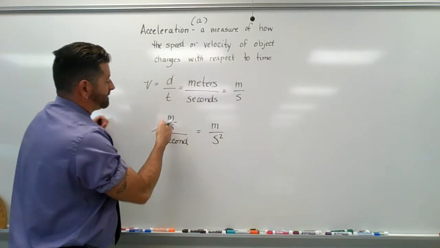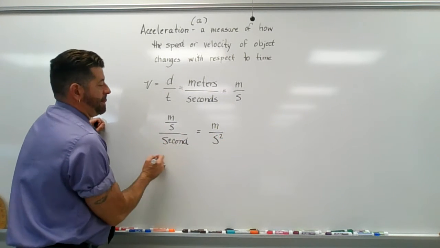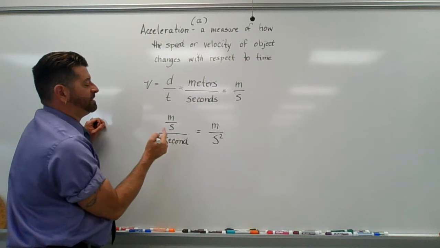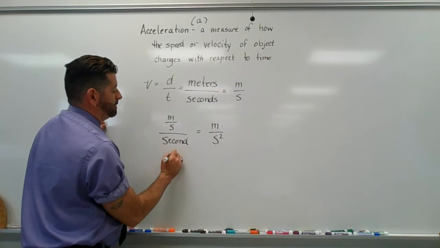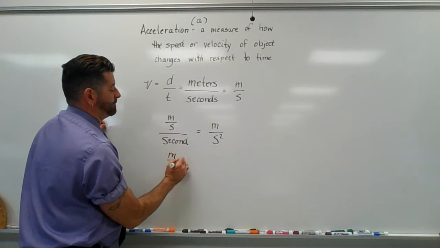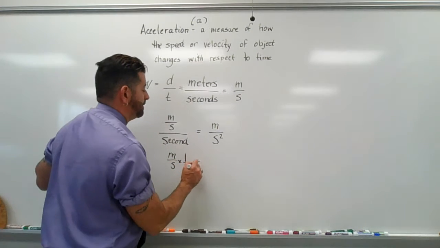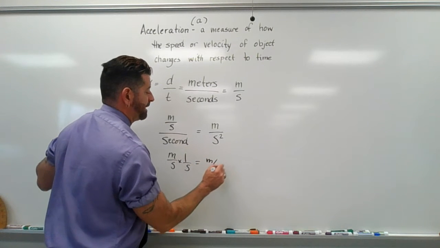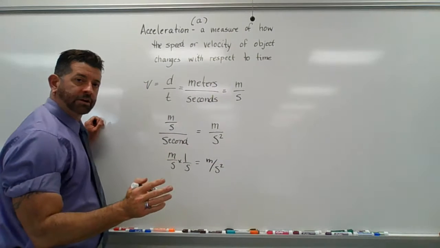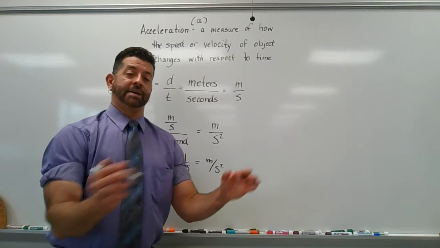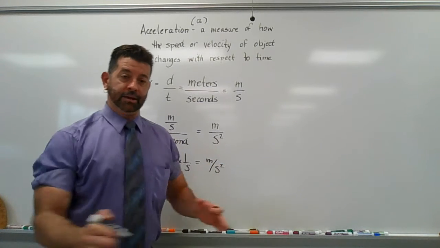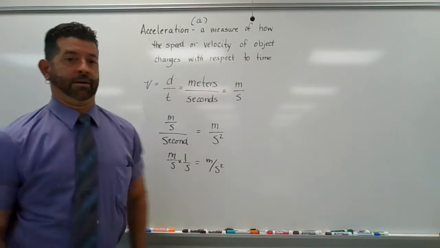Because it's like multiplying this, all right? I know it looks like division, but if you write it like this, meters per second times 1 over seconds, you get the same thing of meters per second squared. Fair enough? So what we have to figure out is how much velocity is changing over that time.